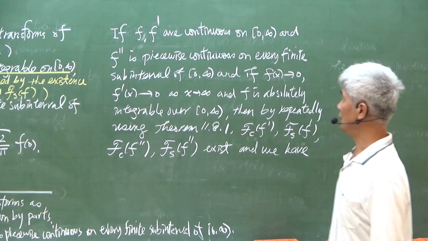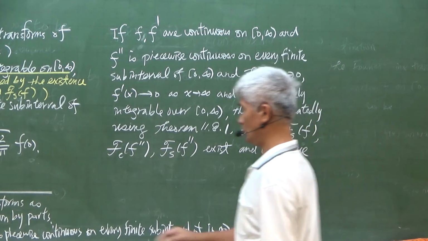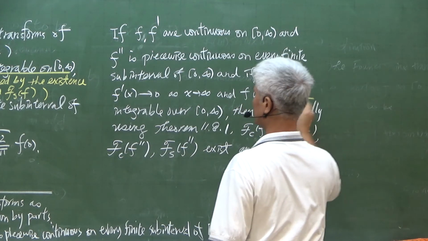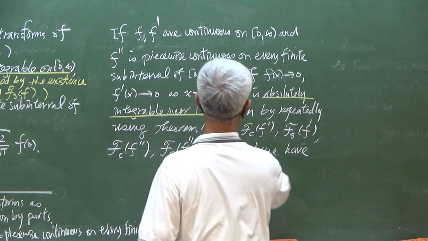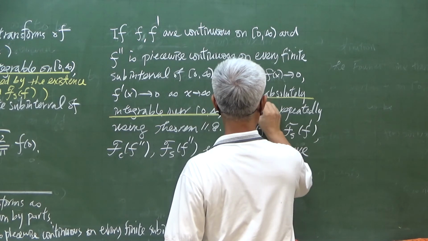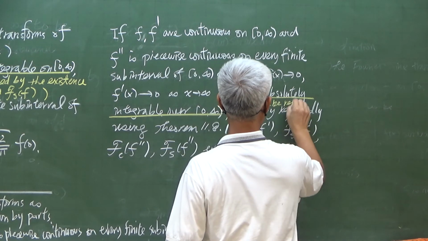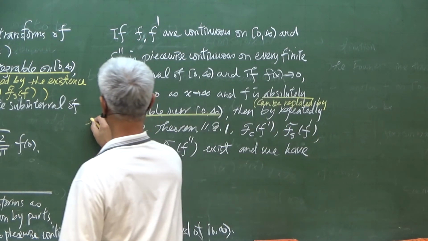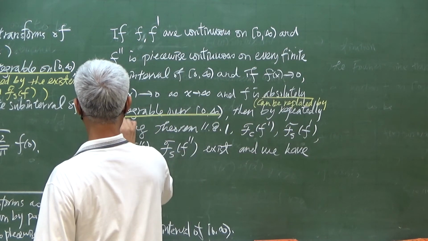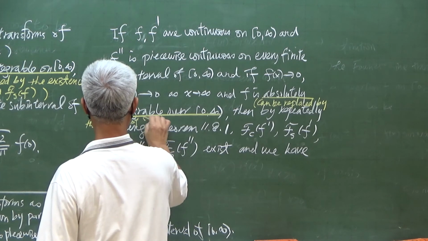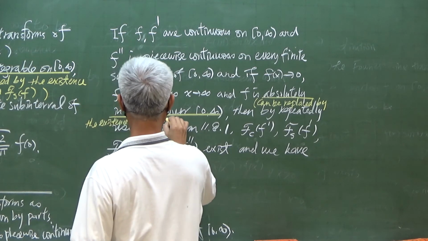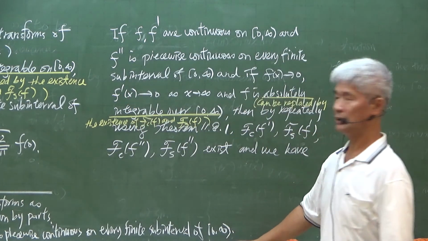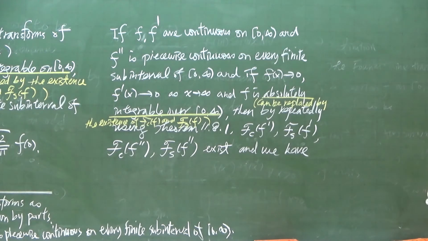Okay, so you can read this one again: it can be replaced by the existence of the Fourier cosine transform of f and the Fourier sine transform. That would be enough.